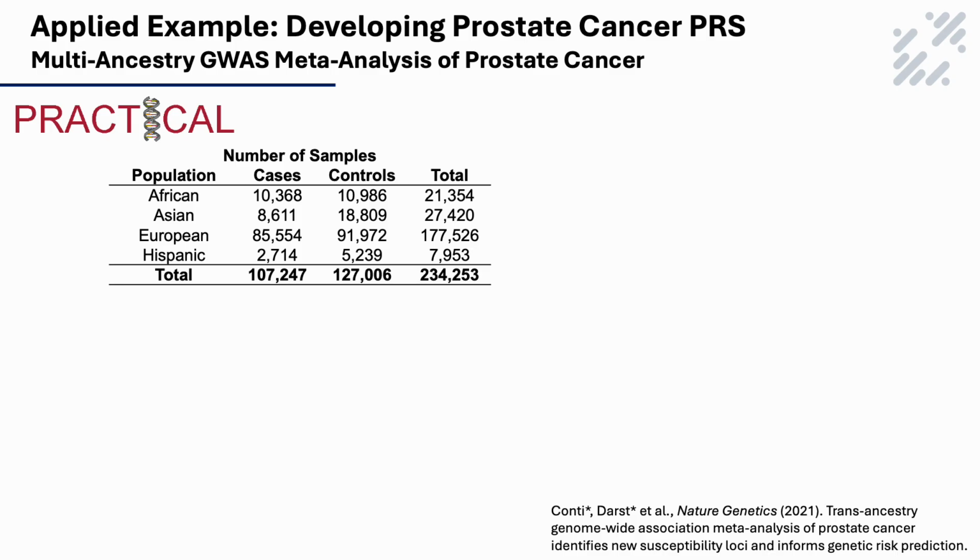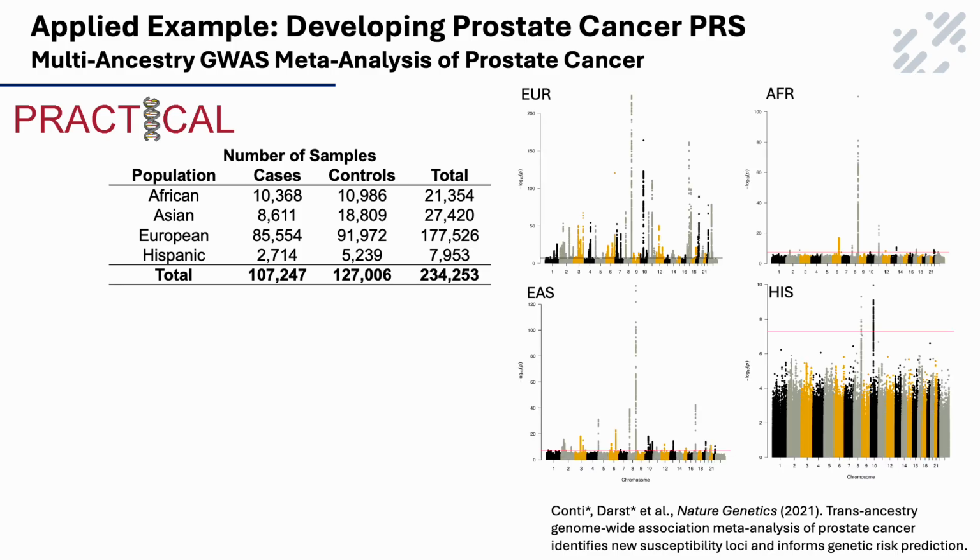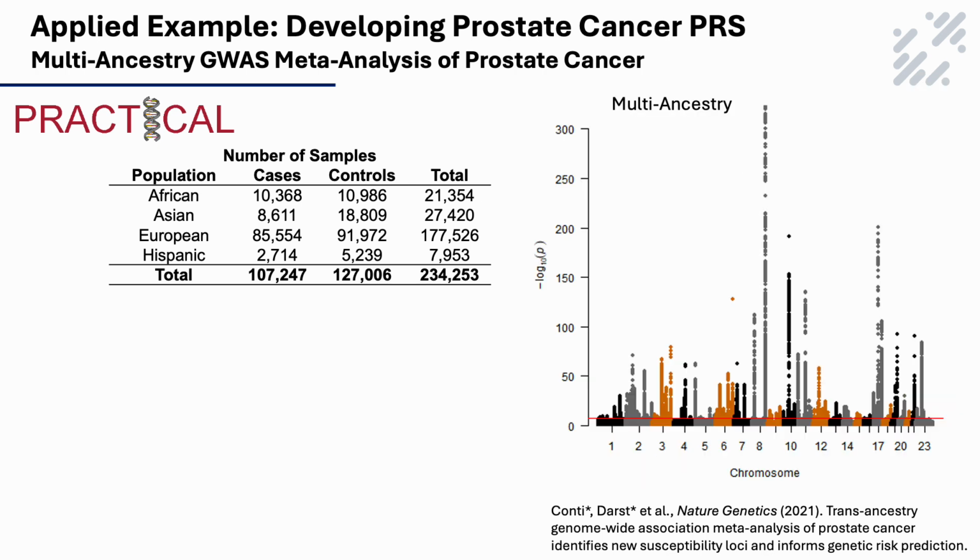So the first example that I'll give is a multi-ancestry GWAS meta-analysis of prostate cancer that we conducted a few years ago. This analysis included over 200,000 men across the 4 populations shown here, and these are broadly defined populations. We conducted our analyses separately in each of these populations first, and then we meta-analyzed results across the populations to get multi-ancestry results.